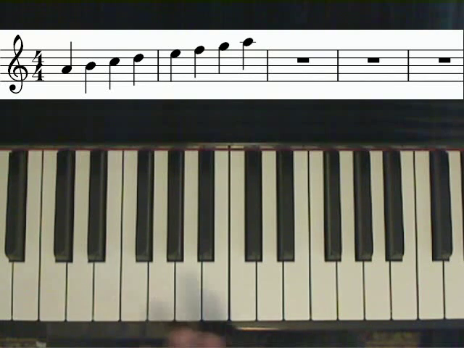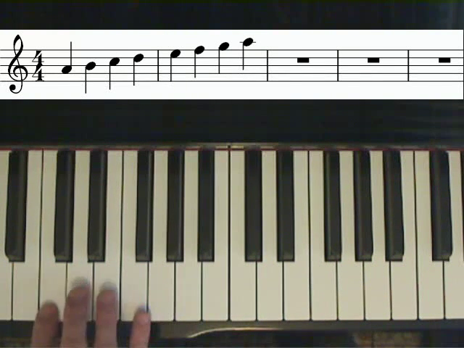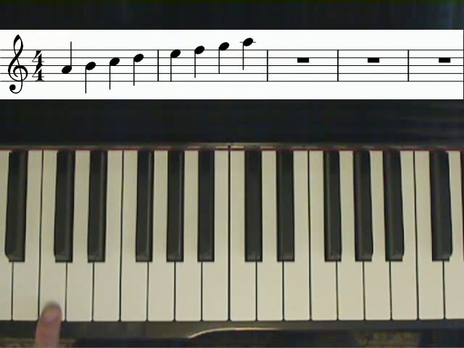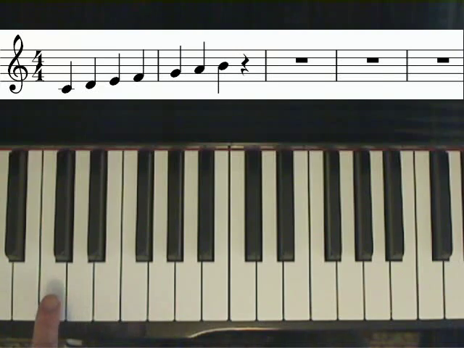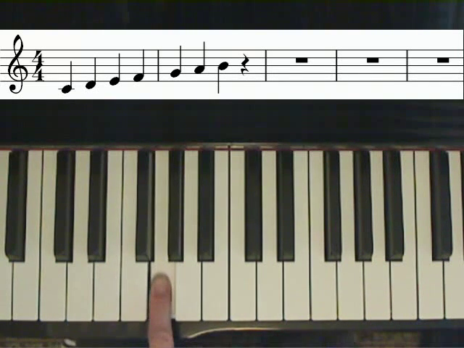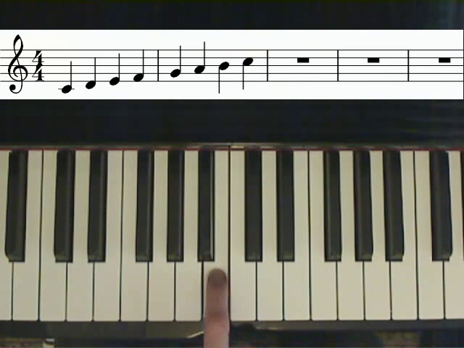For example, let's revise for a moment the C major scale, where we have seen the concepts of tonic, which, of course, since it's the C major scale, is the C note, the dominant, which is the G, and the leading tone, the 7th degree, which is the B, always on the 7th degree of any given major scale.